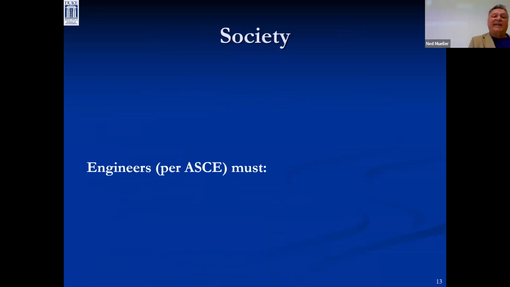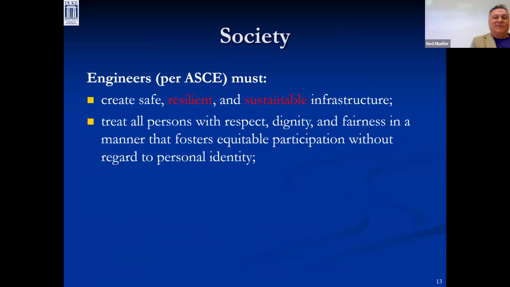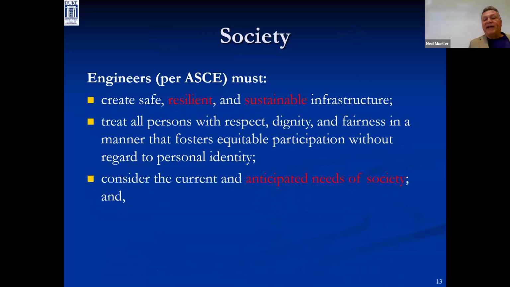And the association has gone one step further for society, where they said we have to create resilient and sustainable infrastructures, all this resilient stuff I talked about. We need to treat all people with respect, dignity, and fairness. And we need to consider anticipated needs. So this is a challenge.